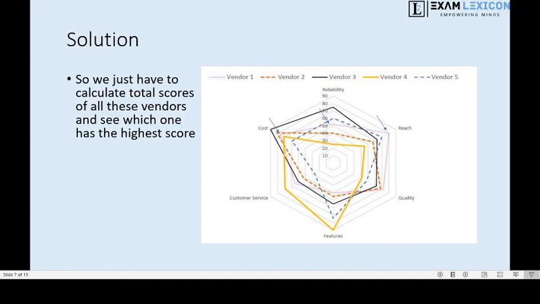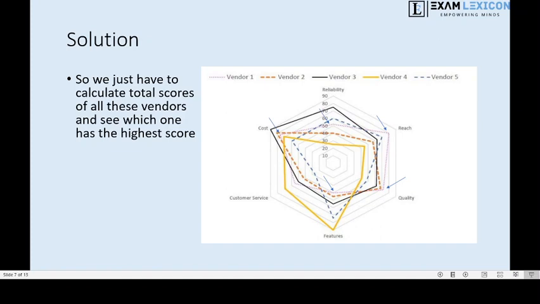For cost, you can see it has a score around 78. For reliability, it has a score around 52. For reach, it is exactly on the 80 line, so we are taking it to be 80. For quality, we take the score to be just above 70, so approximately 72. For features, it is just on the 40 mark, so we'll take it as 40.